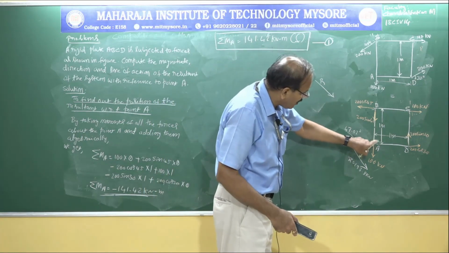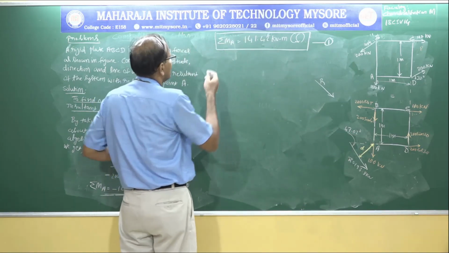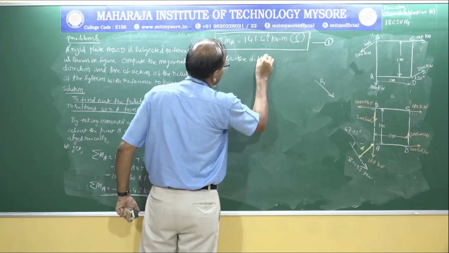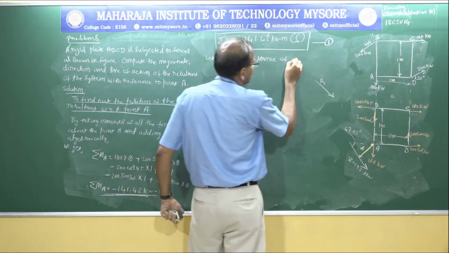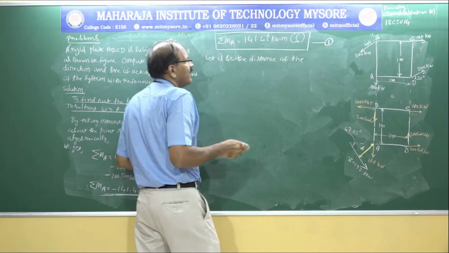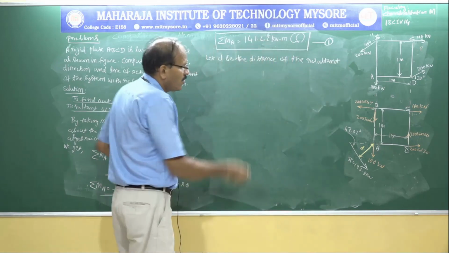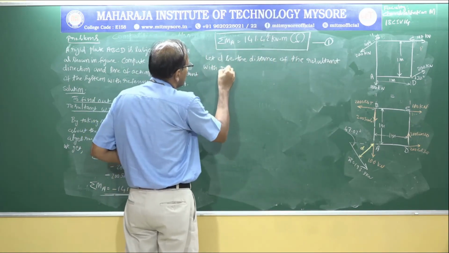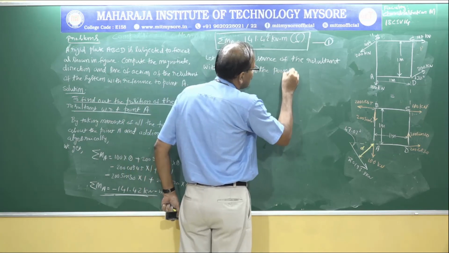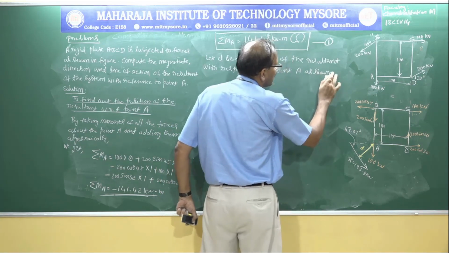Now what I do is I am going to take the moment of this resultant about the point A. Let small d be the distance of the resultant with respect to the point A, as shown.